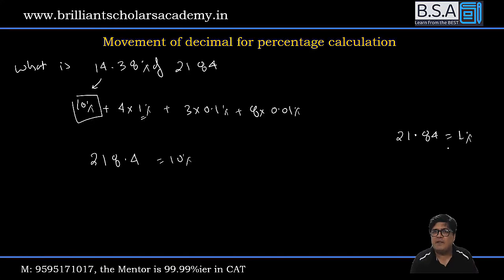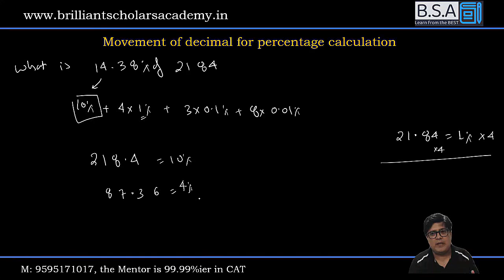Do you want 1% or do you want 4%? So I must have 4 times of this. So I'll write down 4%. What is that? 4 times of this, 16 carried over 1, 32 plus 1, 33 carried over 3, 4 plus 3, 7 and 8. That is 14% job done.